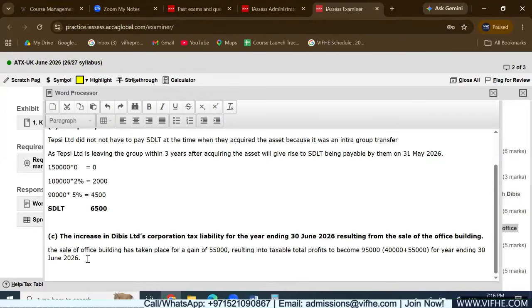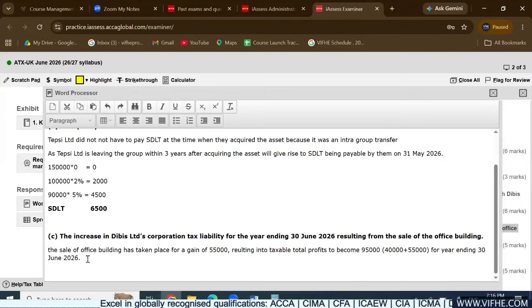But this slab I'm talking about, the 50,000 and 250,000, is for companies where there is no concept of associated companies. But I believe there is a concept of associated companies in this group. Tapsi Limited and Kuba Limited are both in the group, as Kuba has control of more than 50%, though they are going to sell the shares.